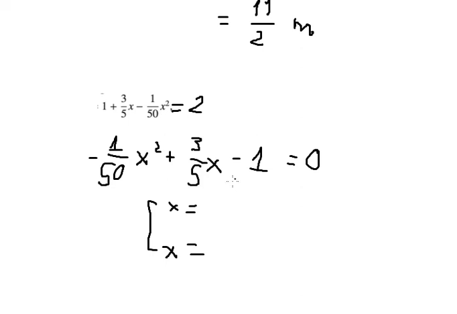That is 15 plus 5 multiplied by the square root of 7. And the second one, that's 15 minus 5 multiplied by the square root of 7.